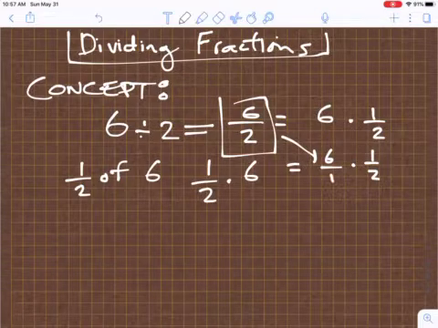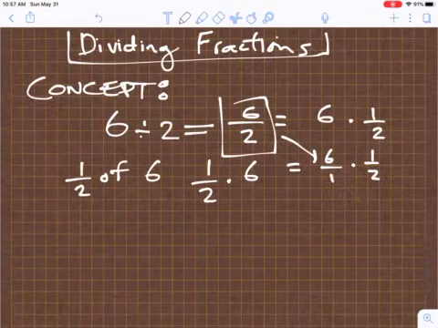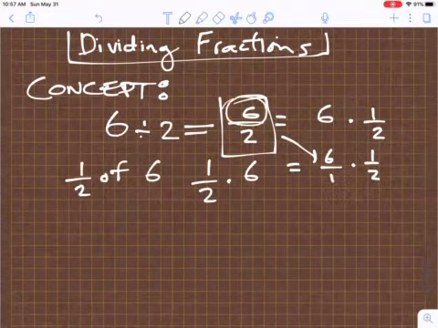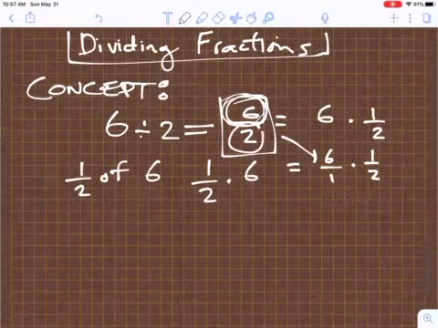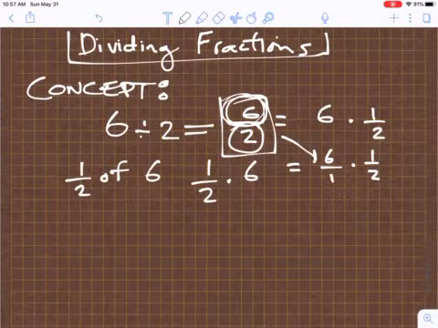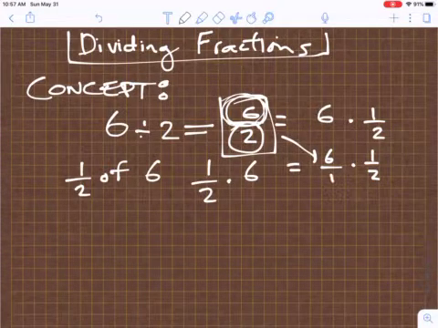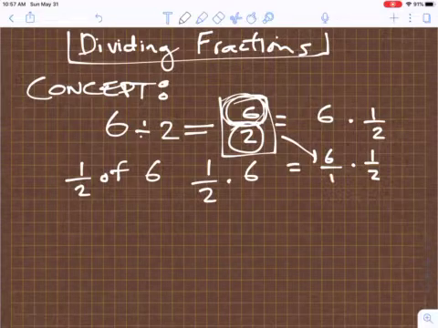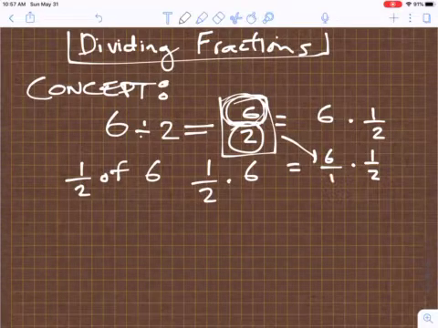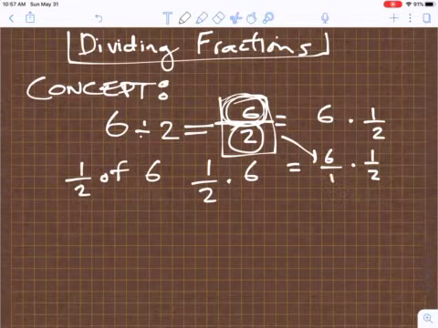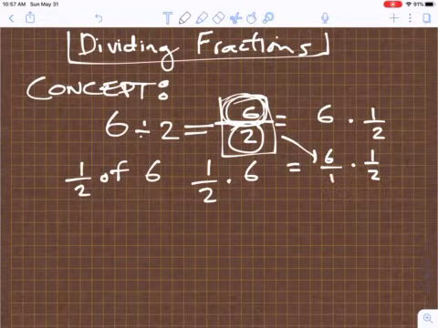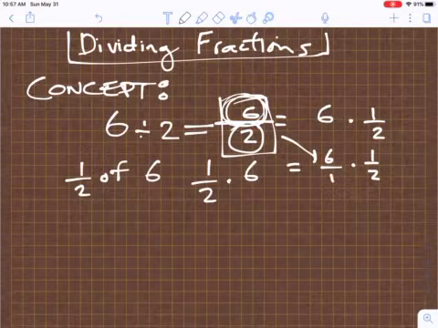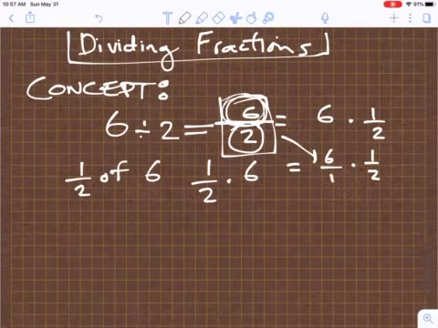So what you did is you kept this right here how it is, and then you took this and turned it into its reciprocal, which is 1/2. In other words, you flipped it. And then instead of being a division problem, suddenly we have a multiplication problem. And you have just figured out the algorithm for dividing fractions.